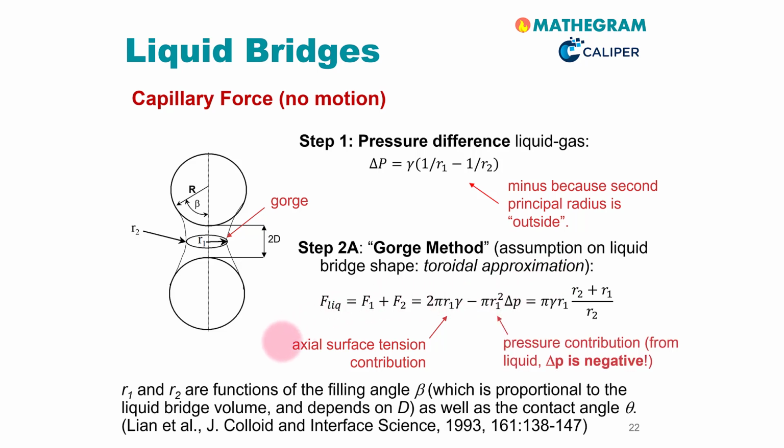Again, this is the surface tension contribution just due to the surface tension force, and this is the pressure contribution. I told you before, delta P is negative from this equation because R2 is typically smaller than R1, meaning that this term is larger, giving an overall negative pressure in the bridge.